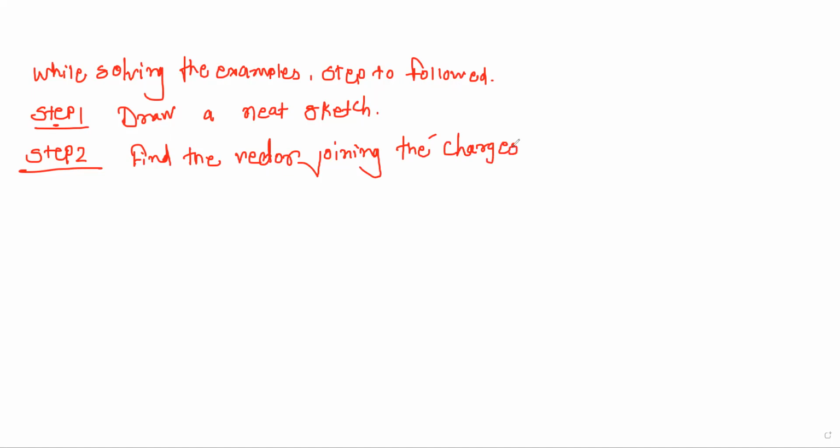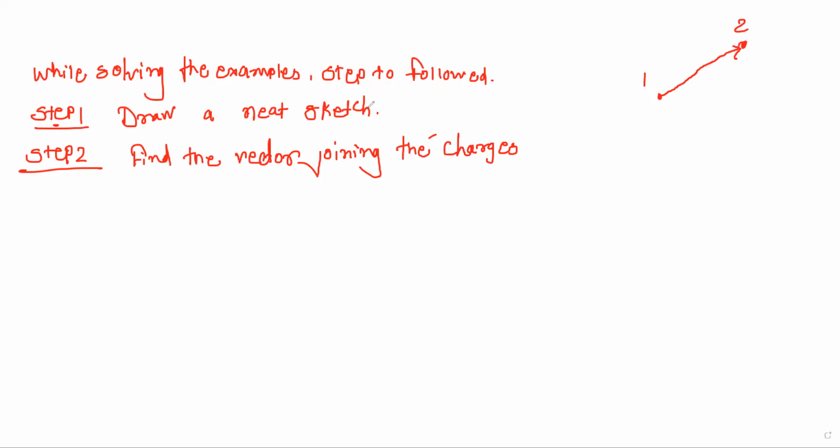Find the vector joining the charges means what? If q1 is here, q2 is here, and you are asked to find some force, you have to find that vector, let it be from q1 to q2 or from q2 to q1. So that vector is to be found out as a second step.